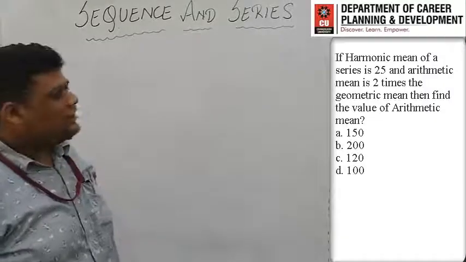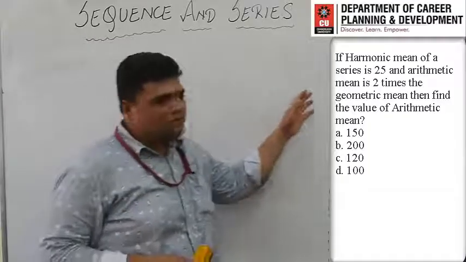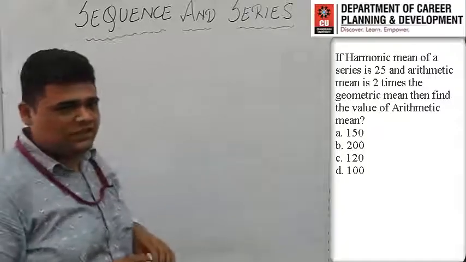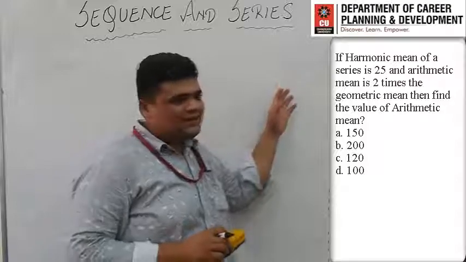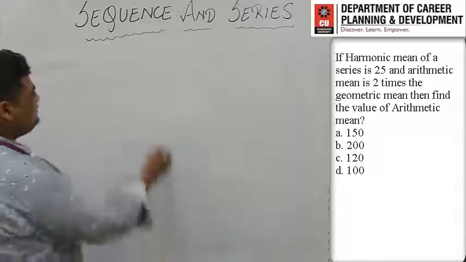Now let us move to another question where it is said that the harmonic mean is 25. The harmonic mean is given to us, that is 25, and it is said that the arithmetic mean is 2 times the geometric mean.